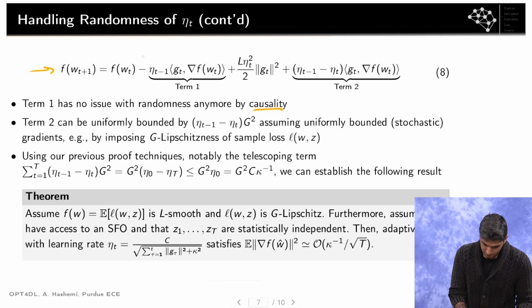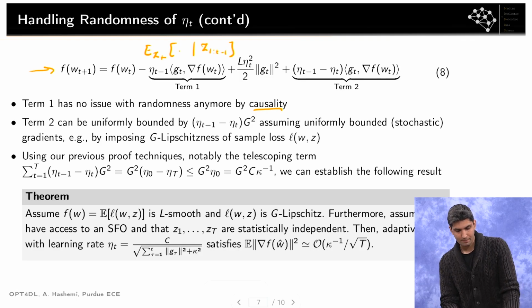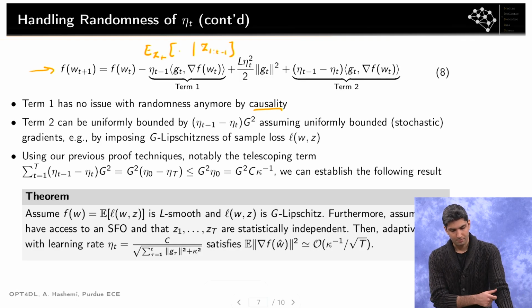So when I'm taking the expectation, if you recall, I'm taking the expectation with respect to the sample I'm using currently, when I fix the random selection, when I condition on the random selection of the previous mini batches. So eta t minus 1 only depends on basically the previous samples, the previous gradients.